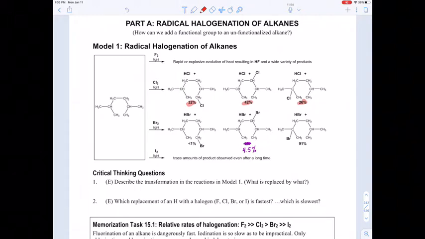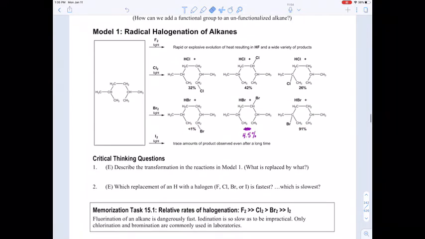So here we have a primary chloride, here we have a secondary, here we have a tertiary. Okay, so there are some differences there. With the bromides, less than 1% of the primary product, only 4.5% of the secondary product. Tertiary product wins by far at 91%.